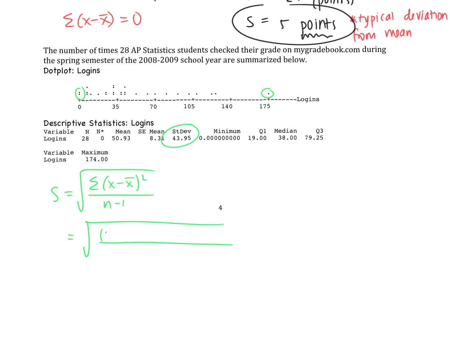So I have 0 minus the mean squared, and then the biggest one, so 174 minus the mean squared, and then I'm dividing by n minus 1. And then you're just going to take it right off the calculator, or in this case, the output, and you get 43.95. Don't do it by hand. Know how to do it by hand, but don't actually do it by hand.